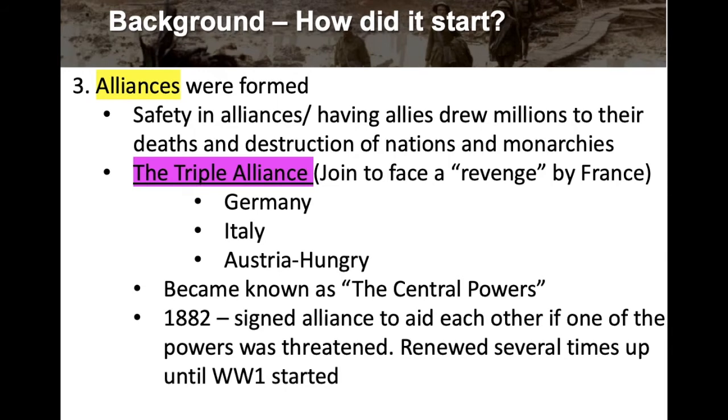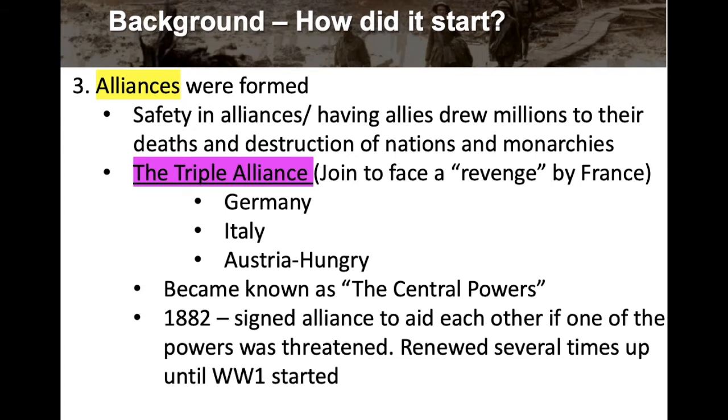The first alliance we're going to talk about is called the Triple Alliance. Okay, the Triple Alliance. This came together, a joining of these countries to face France, and it almost came forth to protect from a revenge by France.